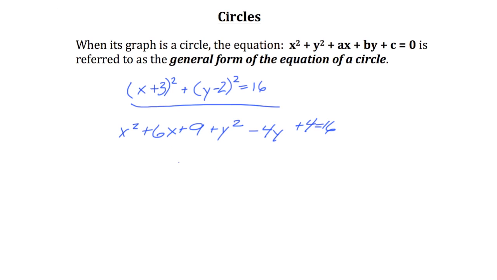If we simplify that, we get down to x² + y² + 6x − 4y − 3 = 0.